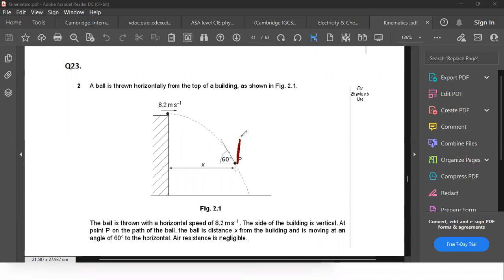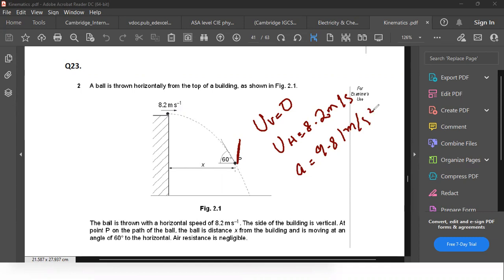Let's go first with our data, right? We know that our initial vertical speed is 0. We know our initial horizontal speed is 8.2 meters per second. We know our acceleration is 9.81, and what else do we know? We don't have the time.